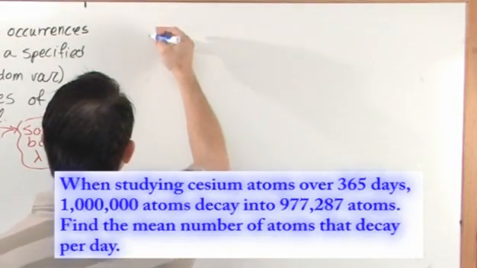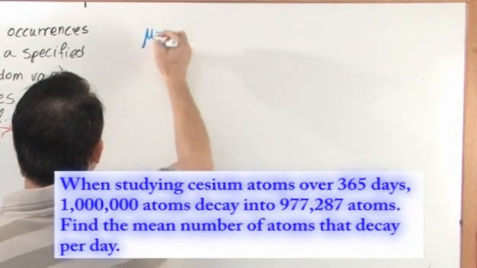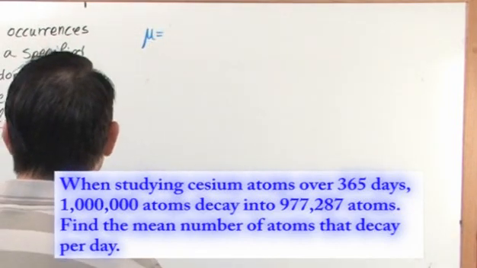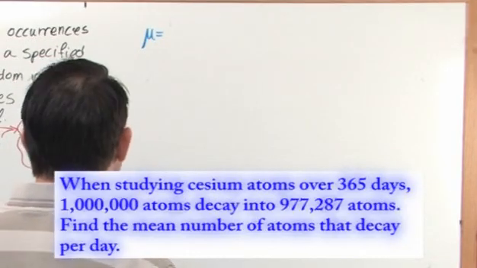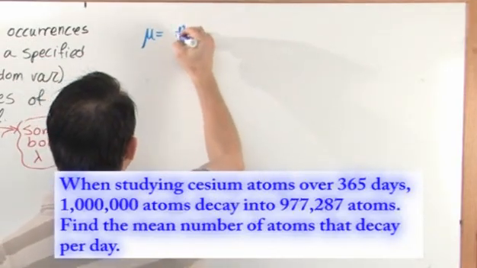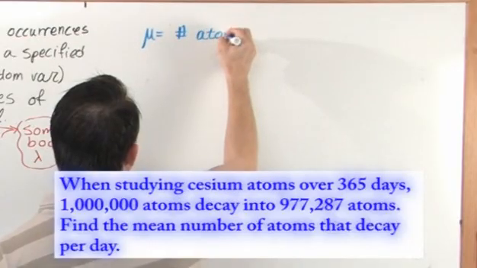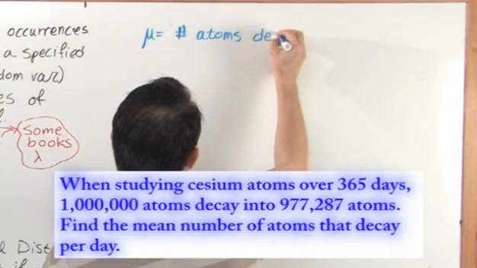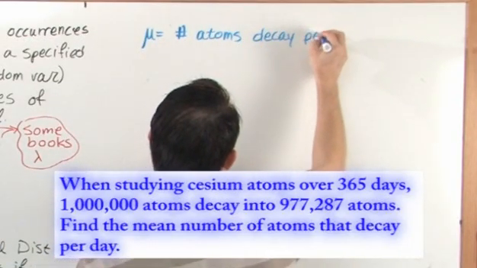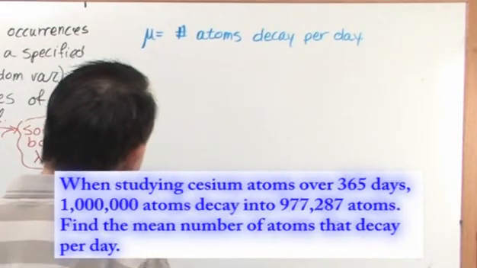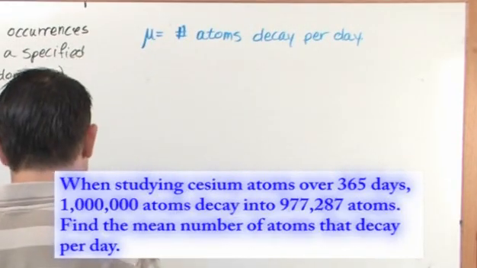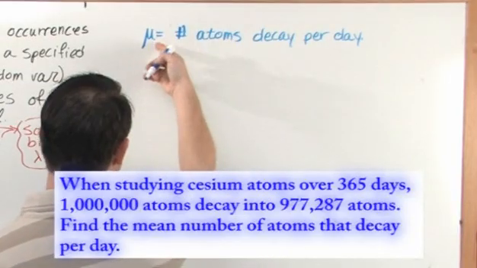So the mean number of atoms per day is going to be mu. That's my average value of atoms that decay per day. We're going to calculate this first. The next part of the problem, we'll talk about the Poisson thing and actually use this number.